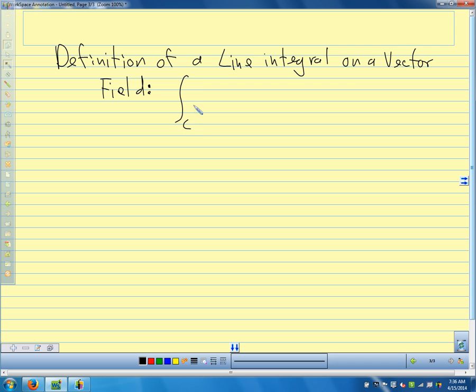The line integral over our curve C of F dot dr is whatever our vector field is dot a unit tangent vector ds, and the way that we're going to evaluate this is the line integral over our curve of F. We're going to parameterize our curve.